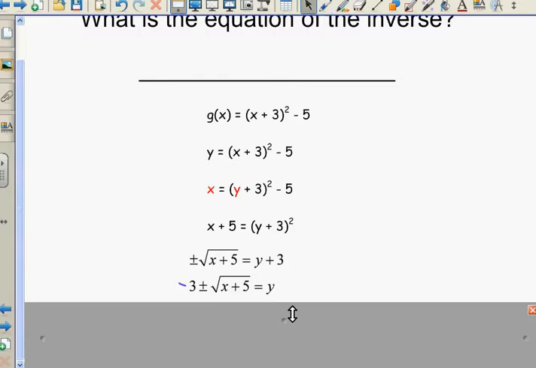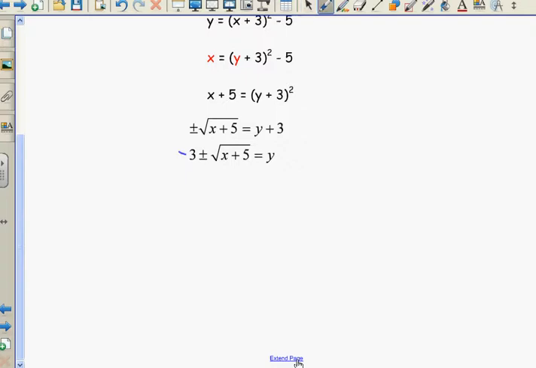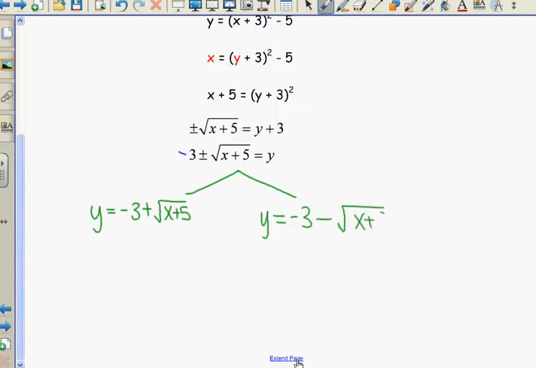So here's the deal. Oh, and then we would try and go back and replace that last step with f of x. But we know this is not a function, so we can't put it in function notation. So I can't even write f inverse of x. Except if I split this and say that y is -3 plus root x plus 5, and separately y is -3 minus root x plus 5.